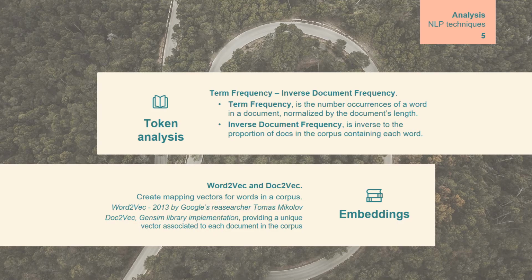Three natural language processing algorithms are presented to address the fake news classification problem at hand. The first of them is term frequency versus document frequency (TF-IDF). And then there are two embedding algorithms, namely word2vec and doc2vec, which create mapping vectors for words in the corpus of every document used in the dataset.